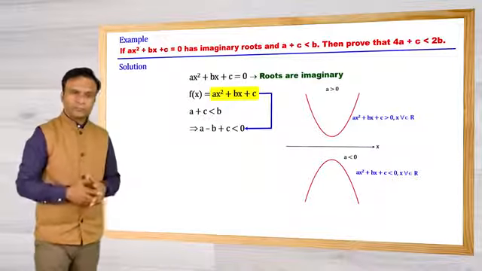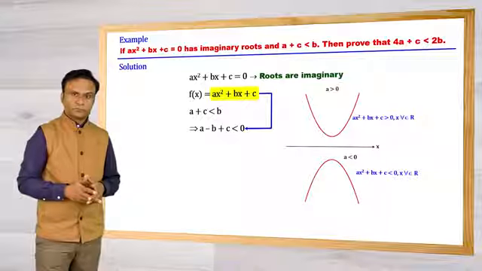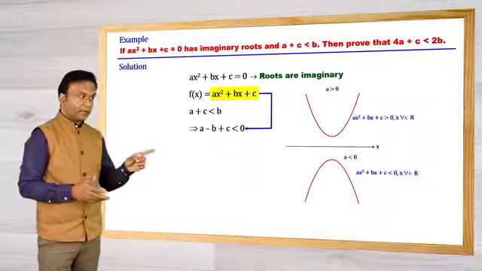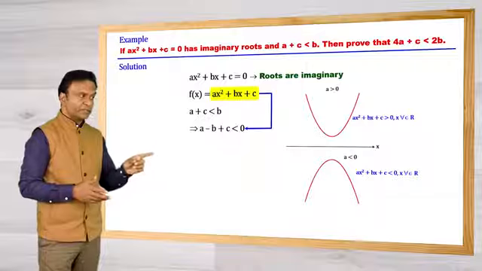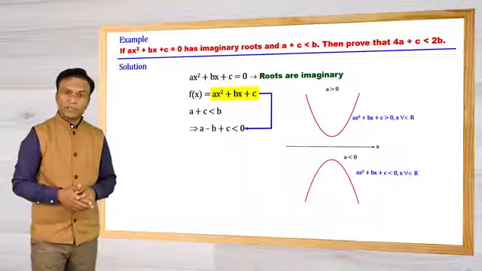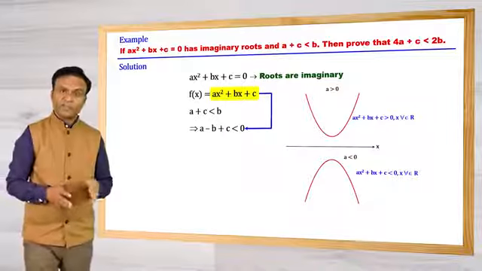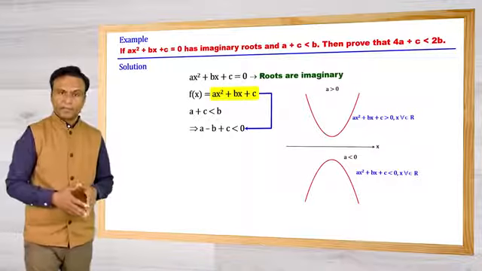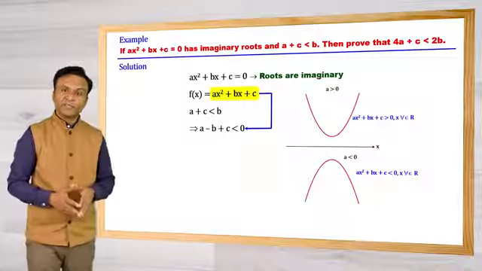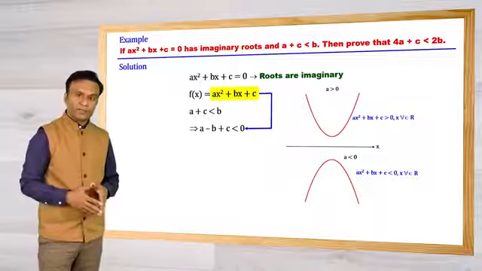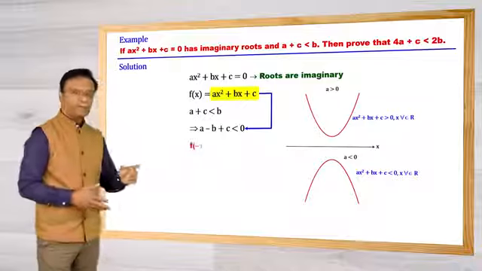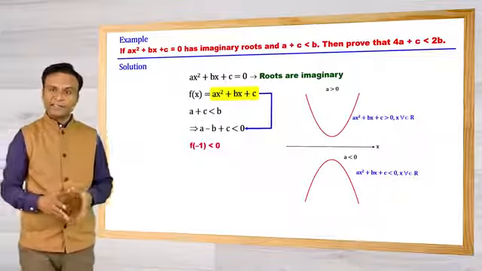Do you get any idea? We can get this expression a minus b plus c when we put x is equal to minus 1 in function f(x). In fact, a minus b plus c is f of minus 1. So we have f of minus 1 less than 0.